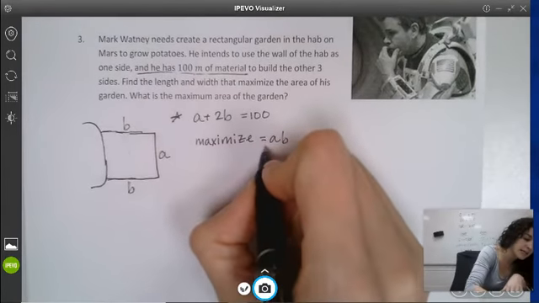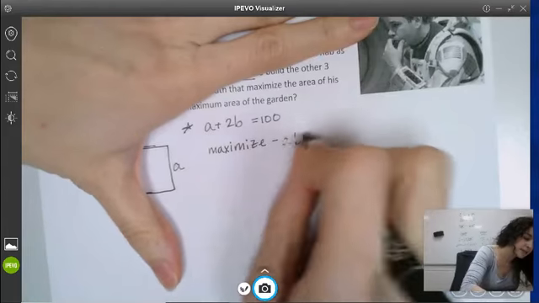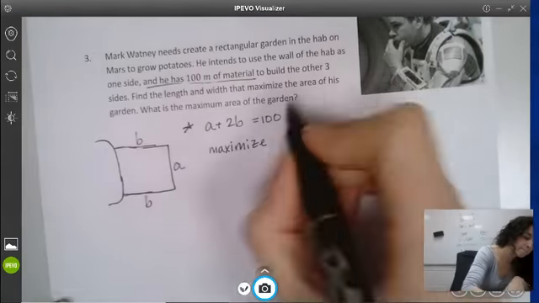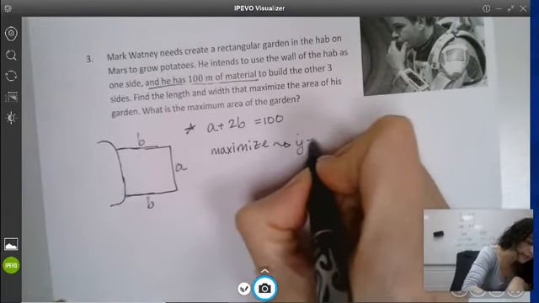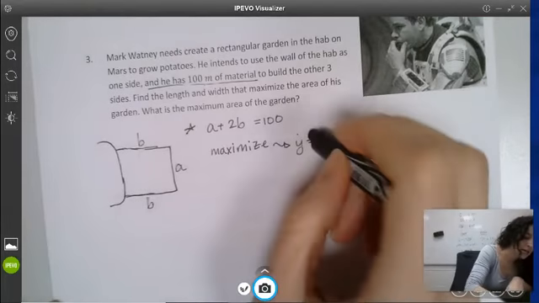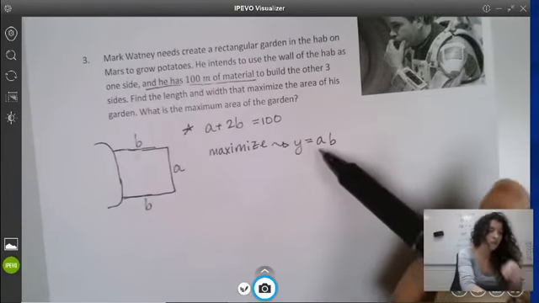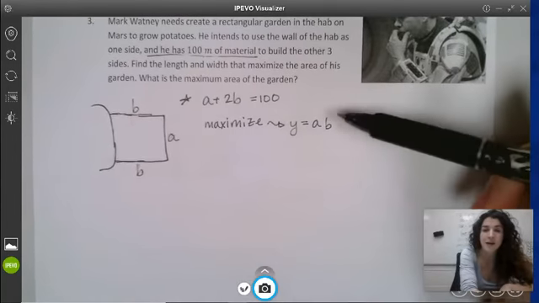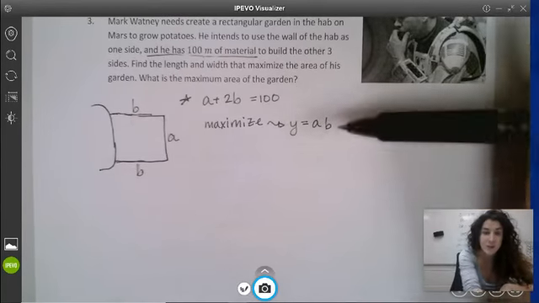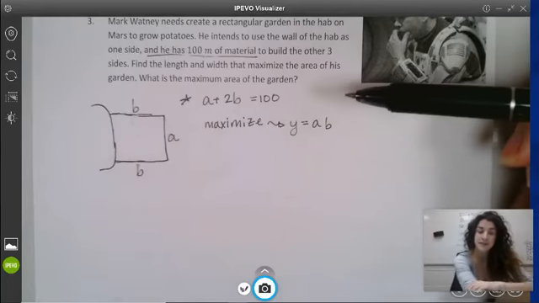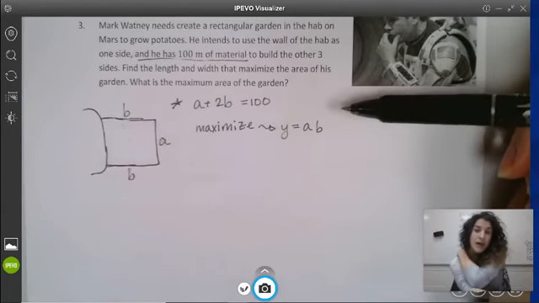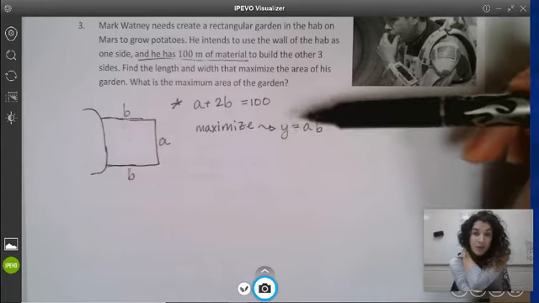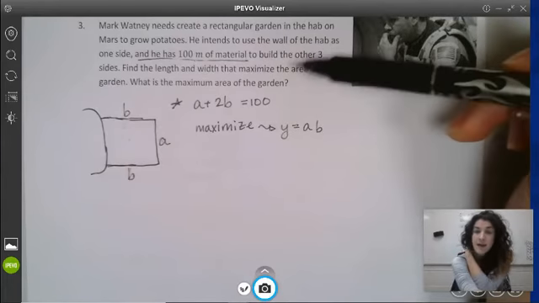So then the equation of a times b really is y equals a times b. And I know that right now some of you are probably thinking, but that's three variables. We don't really talk about three variables. And you're right, we don't. In order to make this something that we want to handle, we need to only have two variables. And right now we have three: y, a, and b.